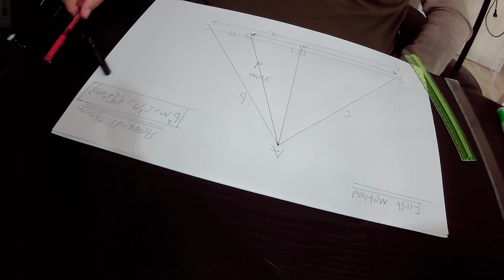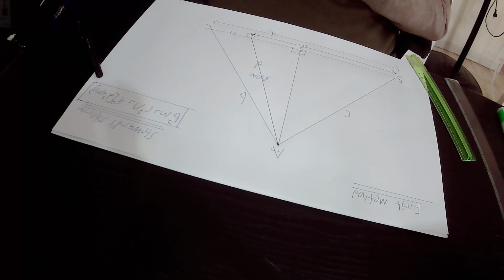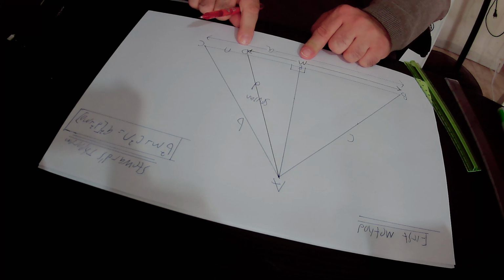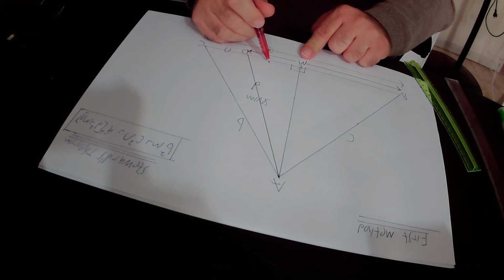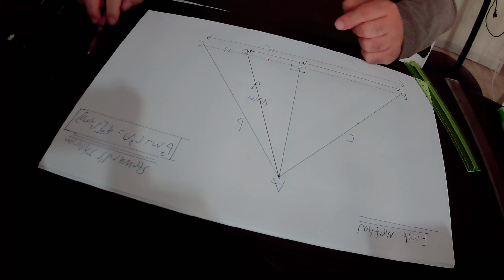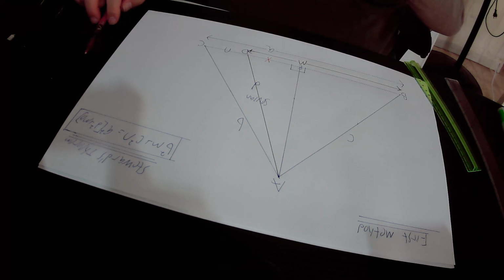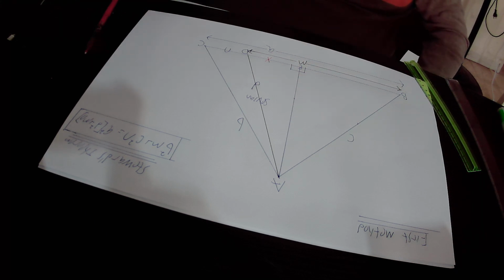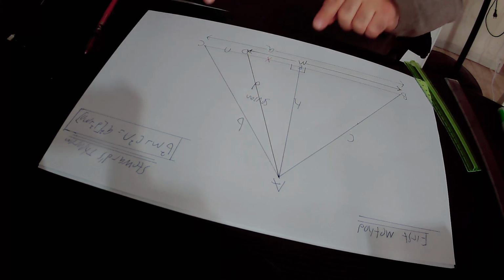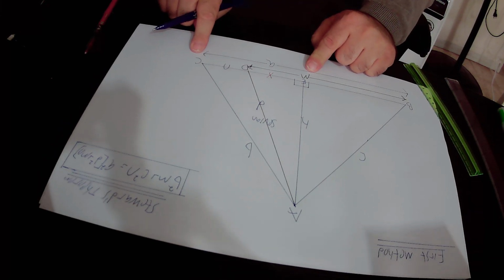We define the length of this line segment ED as X. We will define the length of line segment AE as H. What is the length of this line segment EC?